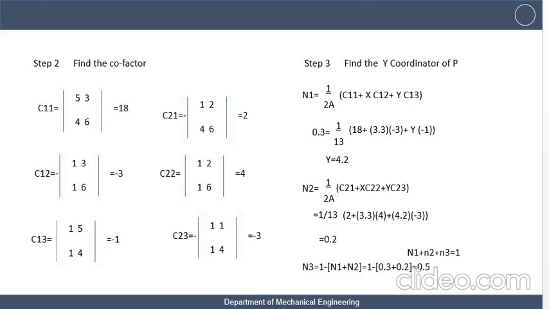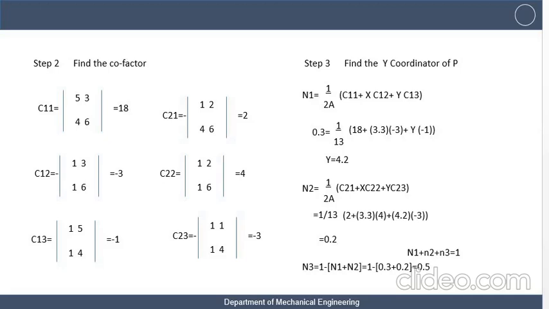But in cofactors you have to remember that you have to change the signs in C12, C21 and C23. For C12, 6 minus 3, 6 into 1 minus 3 into 1, we get 3, but there is a minus sign outside the matrix, so your answer will be minus 3.